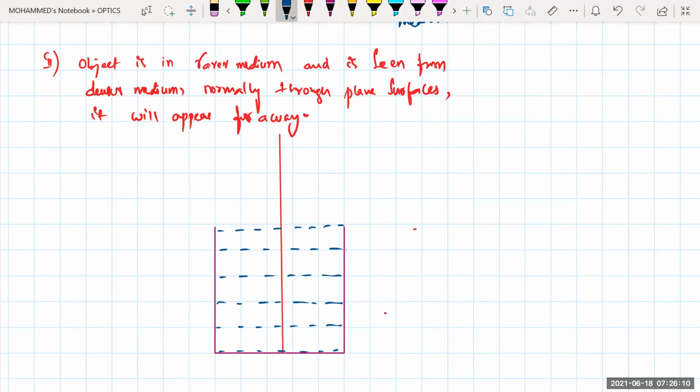For example, there is a fish somewhere in the bottom, and this is your denser medium. Say this is a bird somewhere here. From the surface, this is your real depth D. The fish is somewhere here.